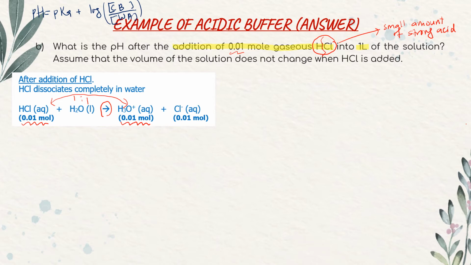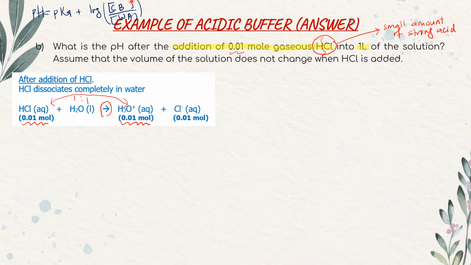Cuma dekat sini, bila kita tambah, when we add HCl, akan berlaku perubahan pada kita punya concentration of the conjugate base and the concentration of the weak acid. Confirm akan berlaku perubahan. Okay, kenapa berlaku perubahan?